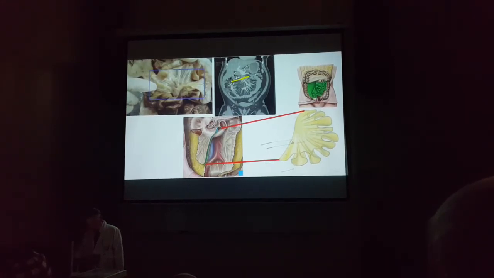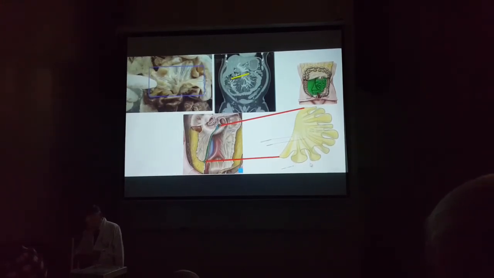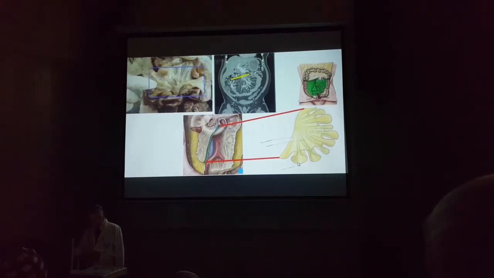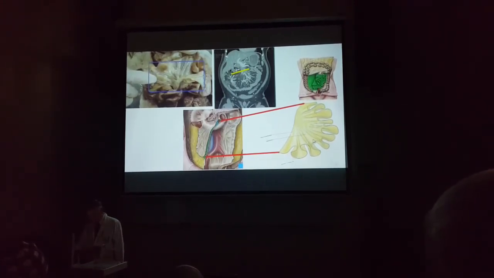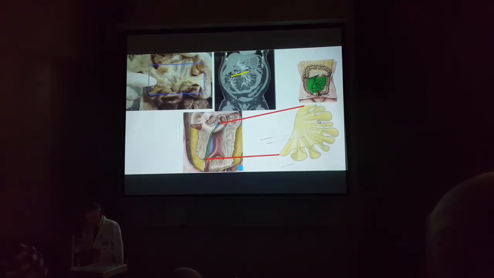This is the root of the small intestine. This is 25 centimeters long. The small intestine is around 6 meters. So how can I attach 6 meters to the 25 centimeters? The answer is corrugated. Right?